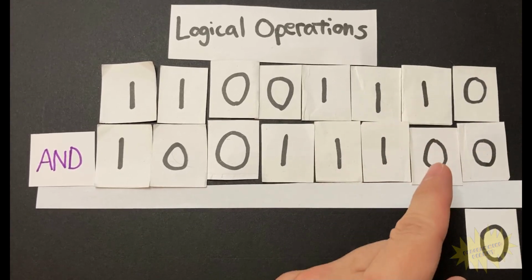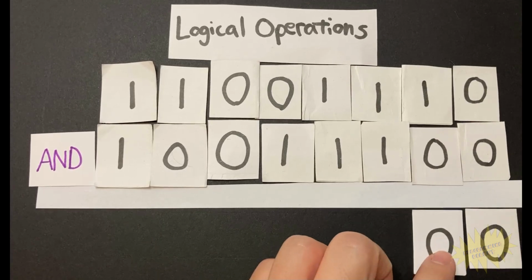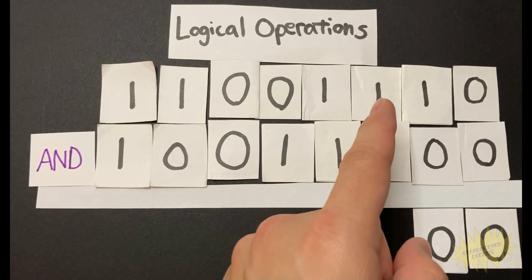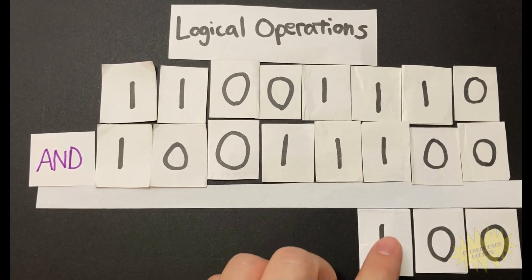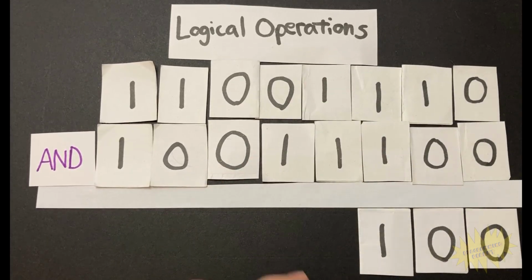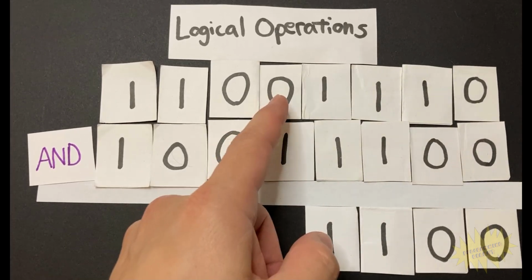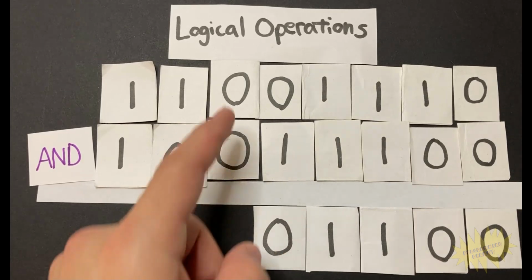This one here is a 1, and this one is a 0. So this one will also result in a 0. Because remember, we're looking for both of them to be 1. Now here, both of them are 1, so this will result in a 1. This one here is the same thing, right? They're both 1s, so it'll result in a 1. Now here we have a 0 and a 1, so that'll give us 0.